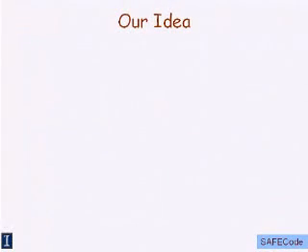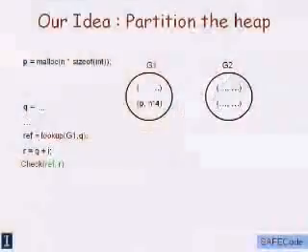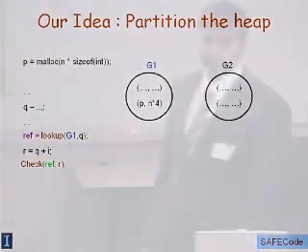Now, our solution to this problem is simple. Let's go back to this Jones and Kelly solution. Let's say instead of this one big table, we have two small tables. And the entry for Q, let's say we know for a fact that it lies in this table.